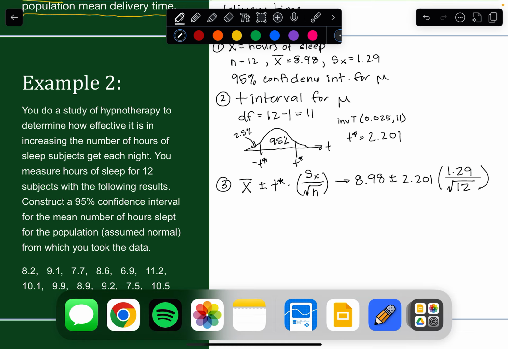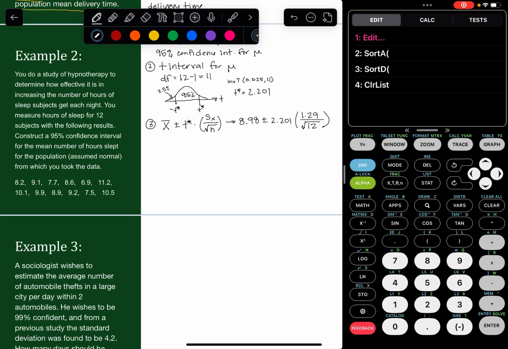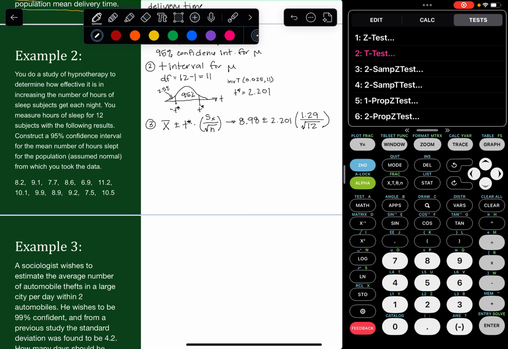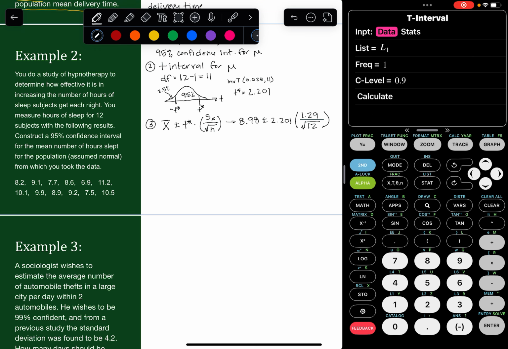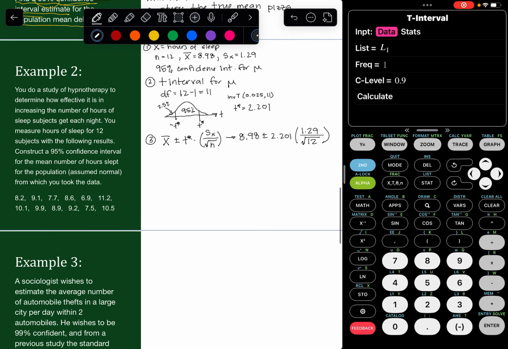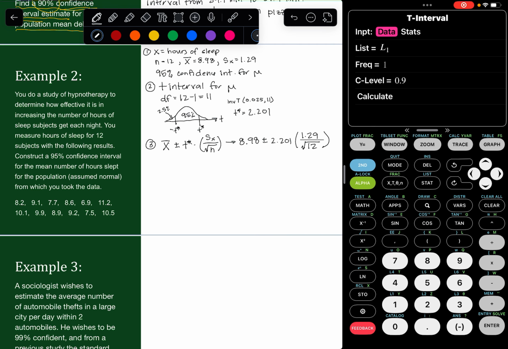Here we go back to the calculator, and we know we're going Stat, Tests, and now we want t interval, which is option 8. And this time we do actually have data. We took this set of data here and put it in list 1 at the beginning, so I can leave this on data.